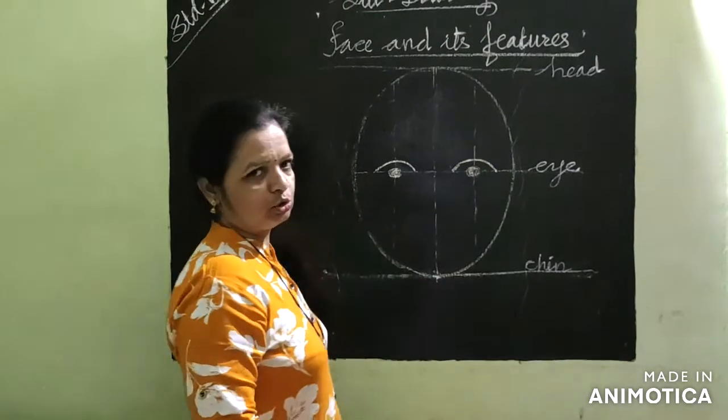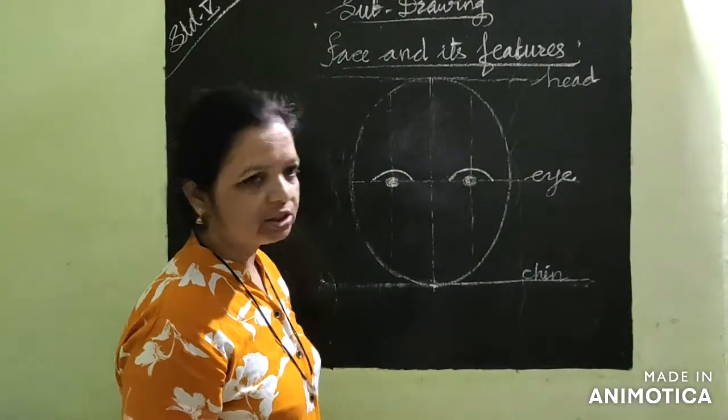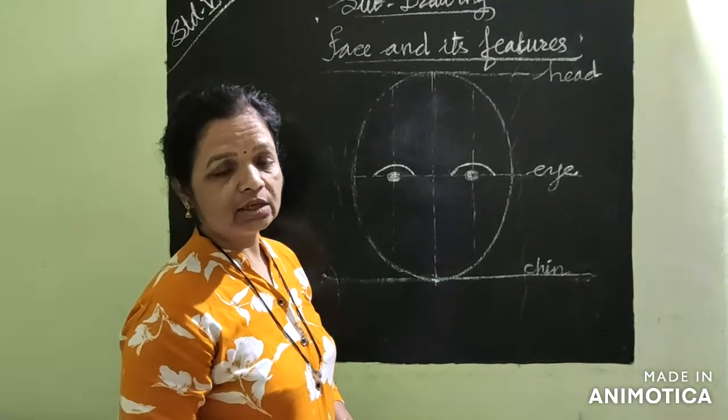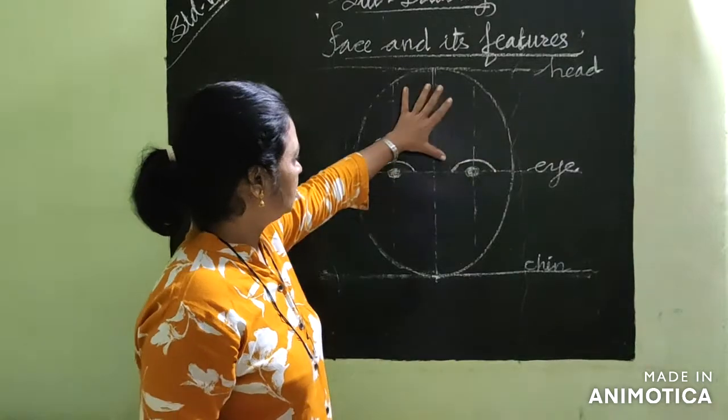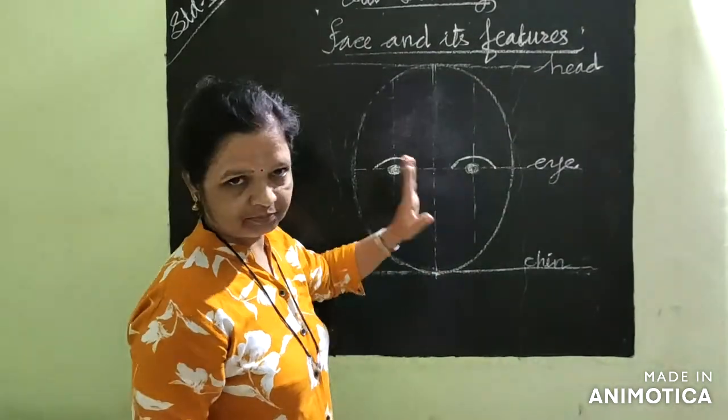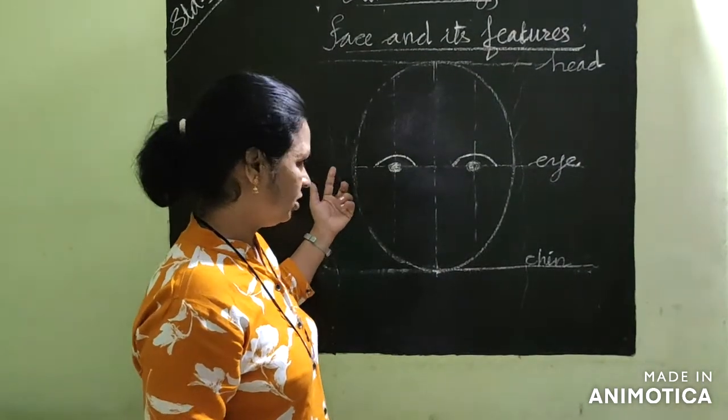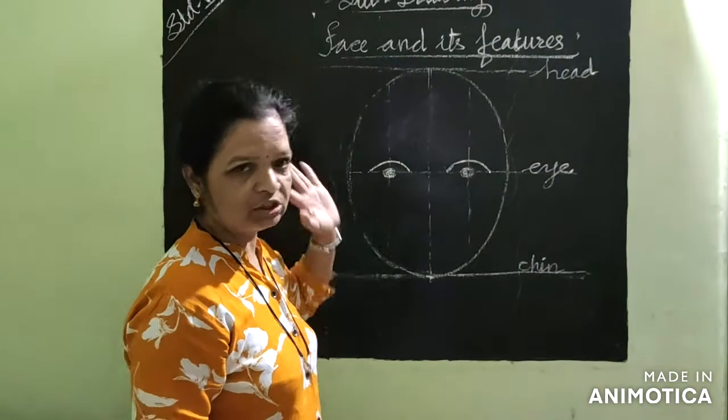The portion is the same. In this way we get two eyes in the proper place. This much portion and this much portion are the same, because this horizontal line equally divides this oval shape.